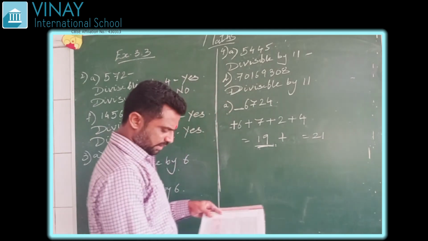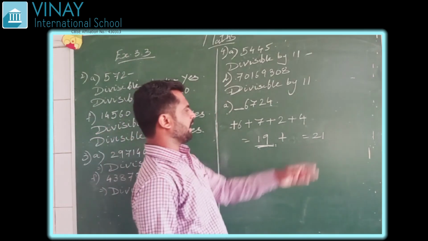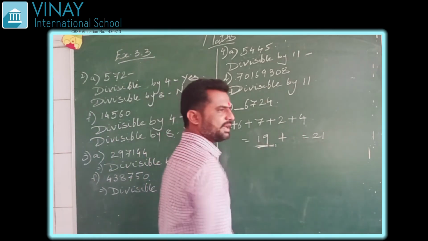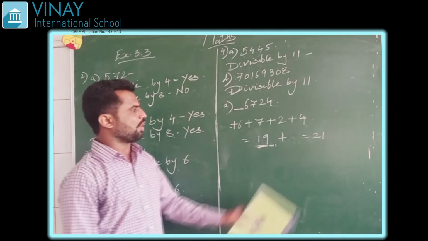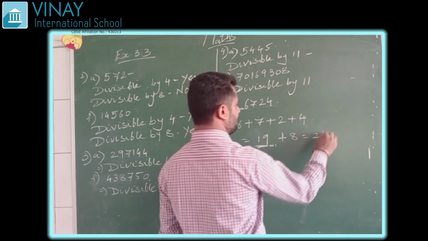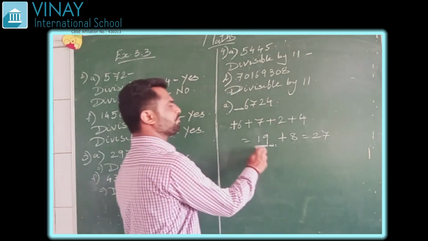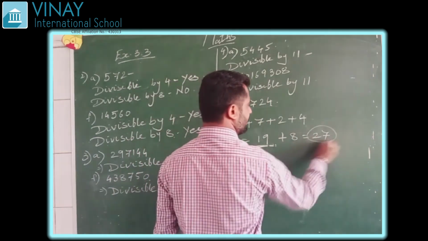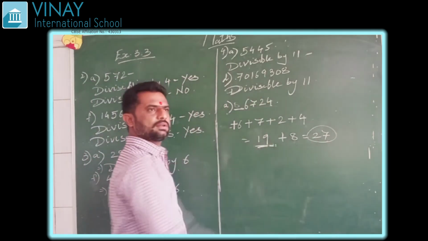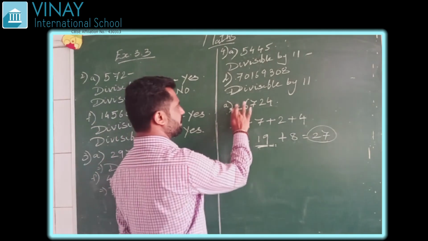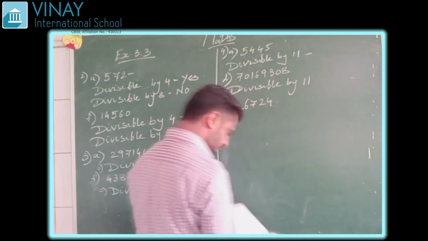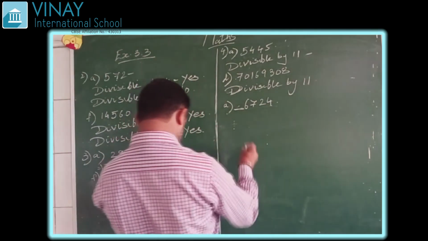Greatest one digit number we can put here. If you put 9, then 19 plus 9 is 28, which is not divisible by 3. If we put 19 plus 8, then it will be 27. So this 27 is again divisible by 3. So if we put 8 here, greatest digit, smallest digit is 2.